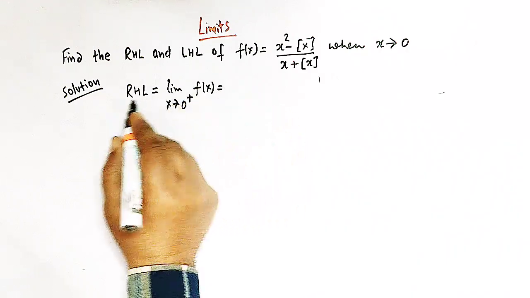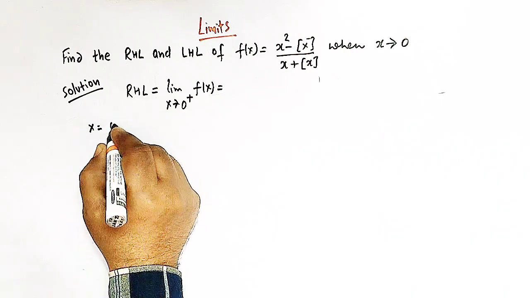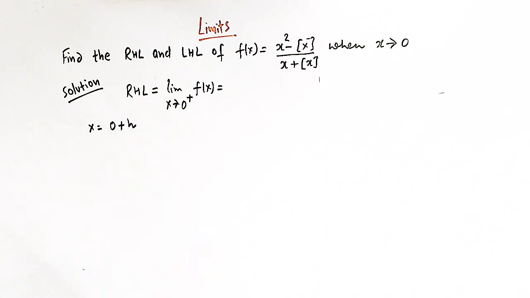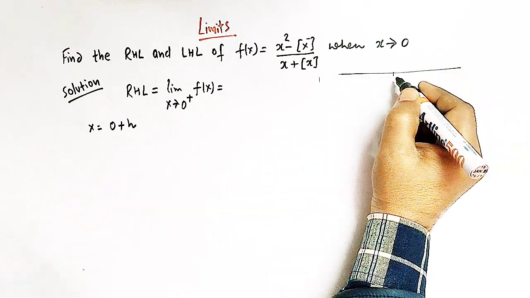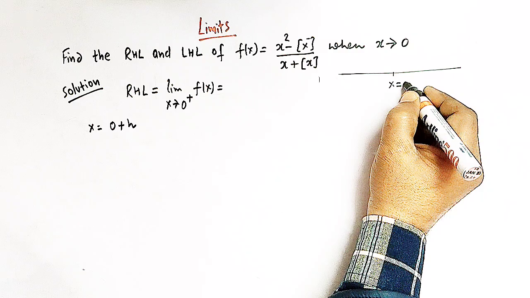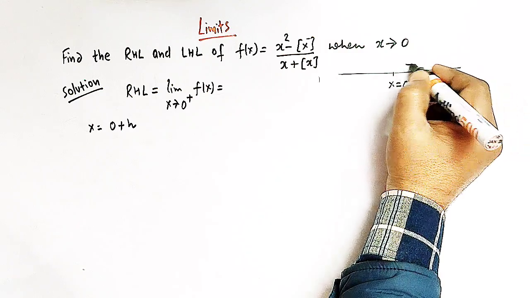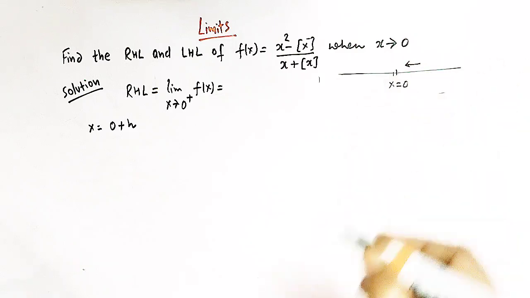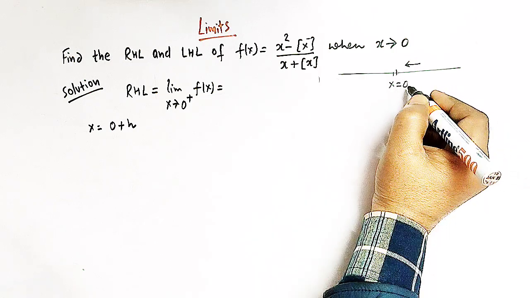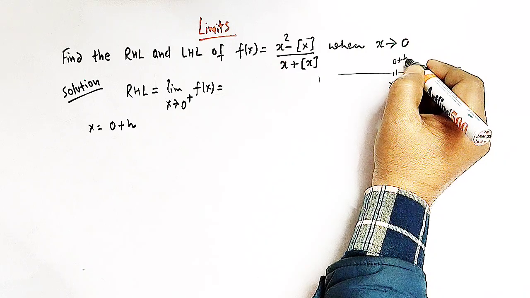So now for getting the right hand limit, we'll take x is equal to 0 plus h, where h is a positive quantity and it is infinitesimally very small. So here we have the real number line, x is equal to 0. So when we approach towards x is equal to 0, from the right of x is equal to 0, then we have a point in the right neighborhood of x is equal to 0, and this point is 0 plus h, right?